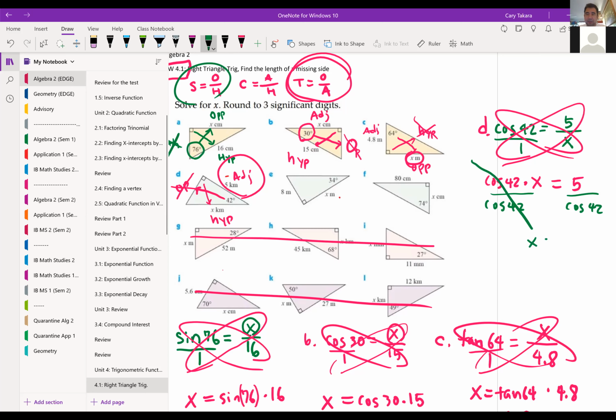So x equals 5 over cosine of 42, which is 6.7. So that's D.